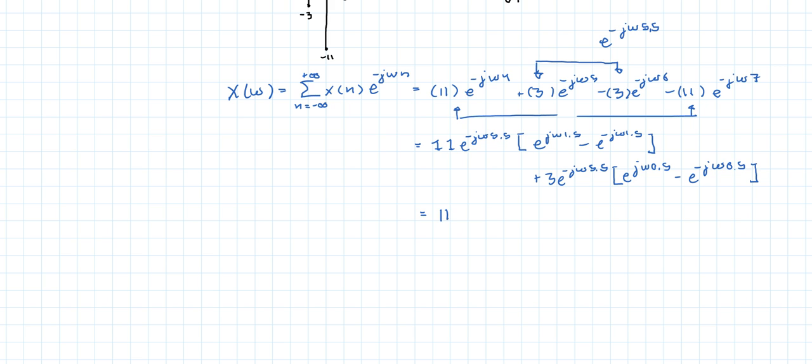Well, that's really just 11 e to the minus jω5.5 times, since it's a minus sign in the middle, 2j sine of 3ω over 2, plus 3 e to the minus jω5.5 multiplied by, again, it's a minus, so 2j sine of ω over 2.